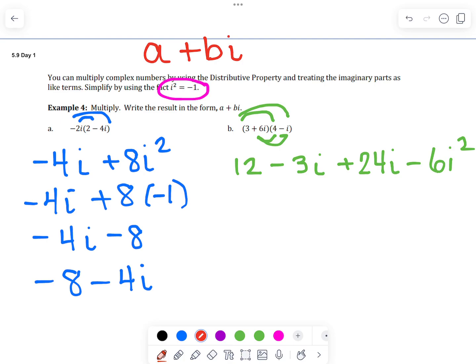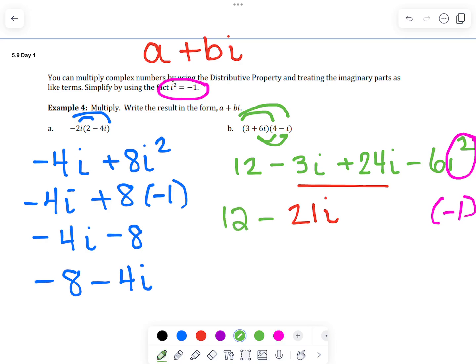Now we do have like terms, and we're going to go ahead and combine those together to give you 21i. And then notice here's our i squared. So you're going to replace that with a negative 1. All right, so I'm going to bring everything else down. So 12 plus 21i, and now negative 6 times negative 1 is positive 6.